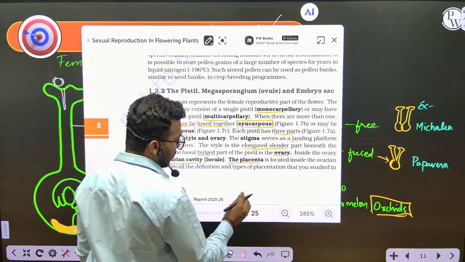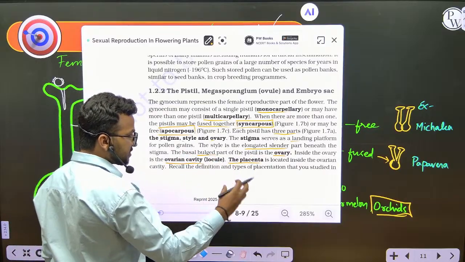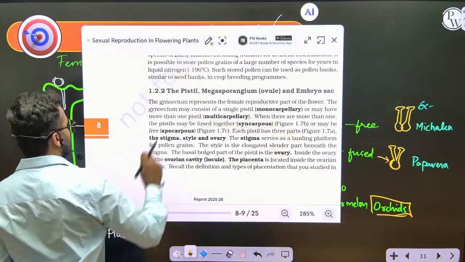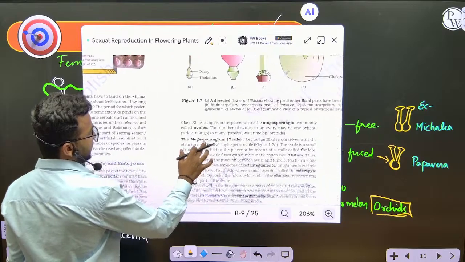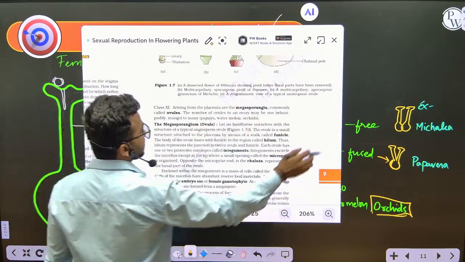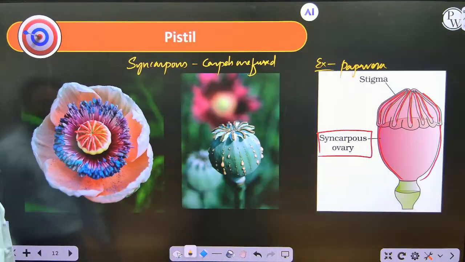The locule contains the placenta, a cushion-like structure, and arising from the placenta we see the ovule, which is nothing but the megasporangium. We have discussed this so far.